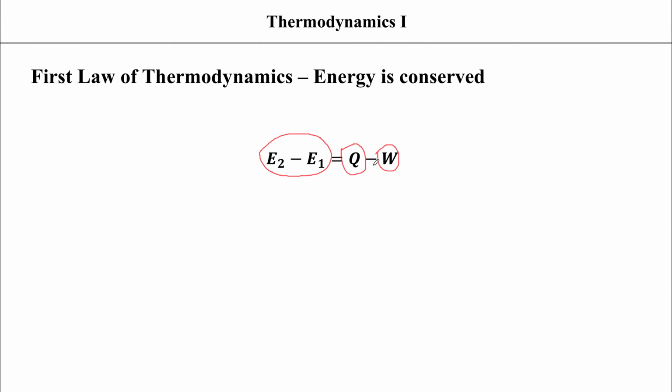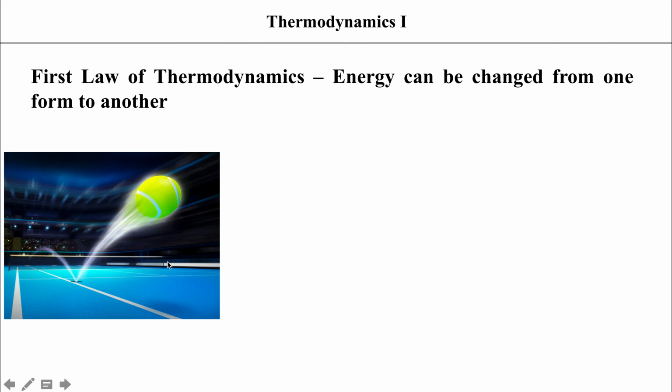Okay, so we have to be careful with these sign conventions here. And now let's just focus on this first term here, which is the change in the amount of energy, because that takes us to the second part of the first law, which is that energy can be changed from one form to another.